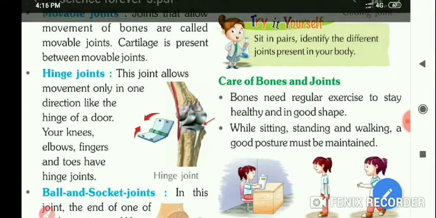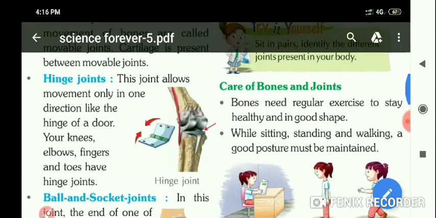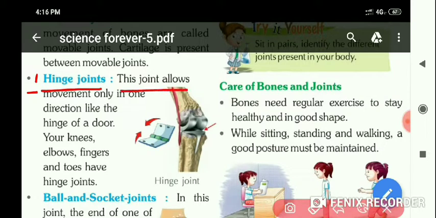Then write down number 1, hinge joints. This joint allows movement only in one direction. Write down up to here only.